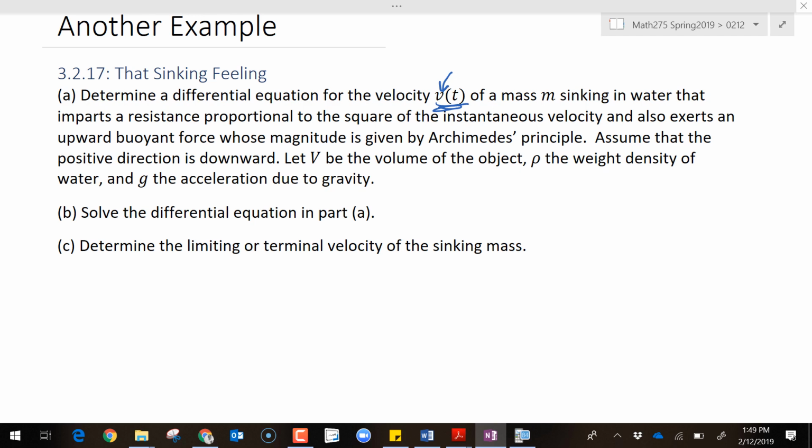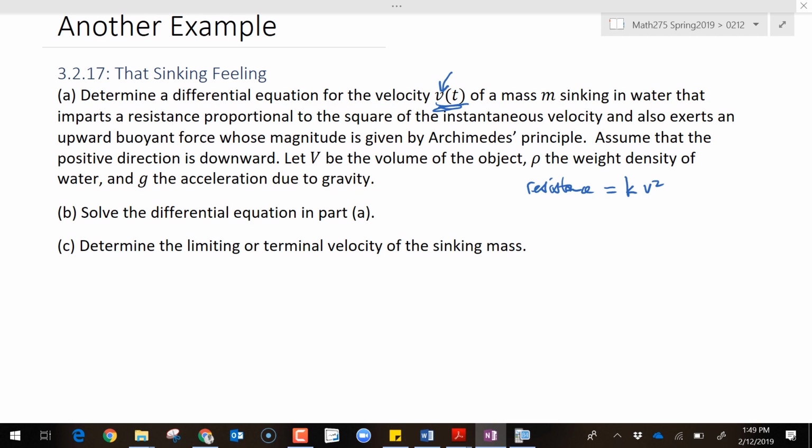A mass sinking in water that imparts a resistance that's proportional to the square of the instantaneous velocity. So something is equal to k times v squared. The resistance. k times v squared. What's the resistance? It also exerts an upward buoyant force whose magnitude is given by Archimedes Principle.